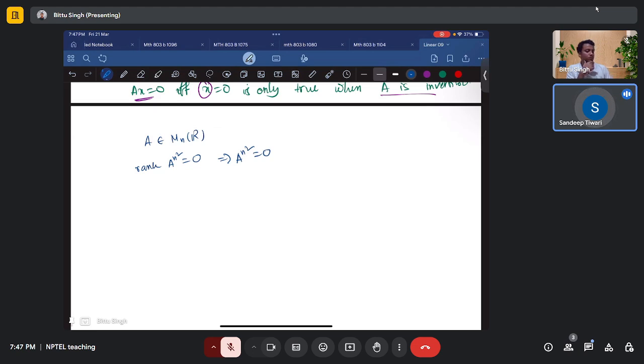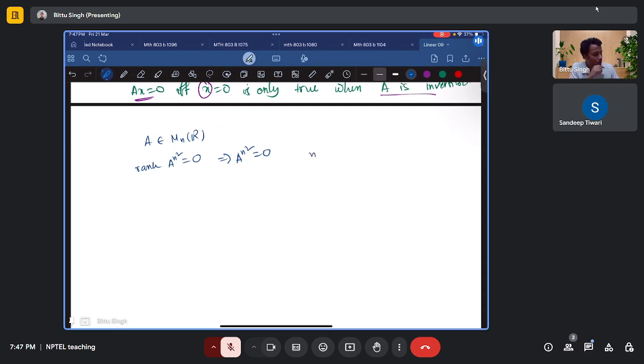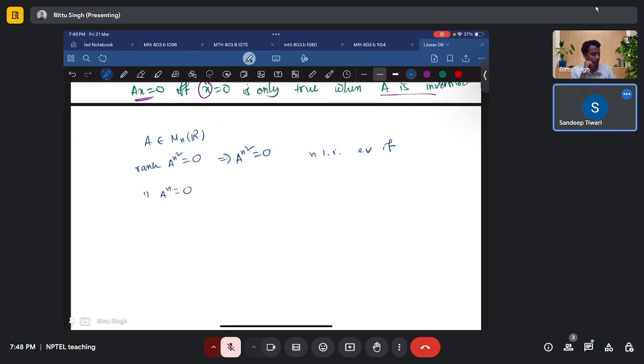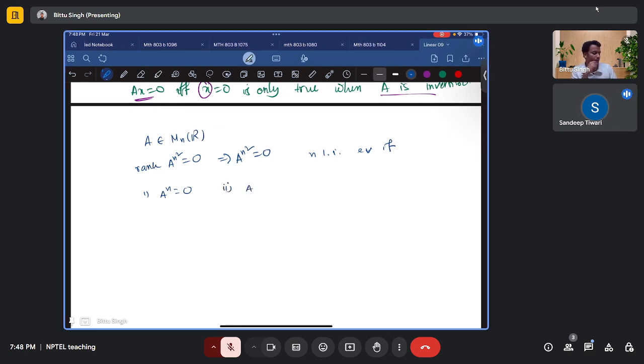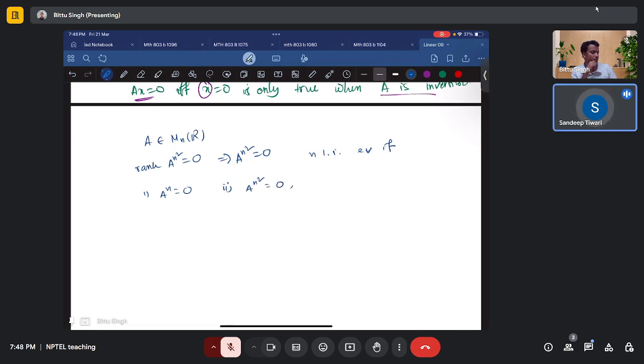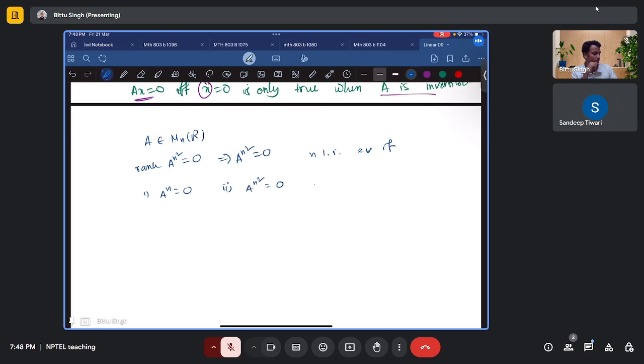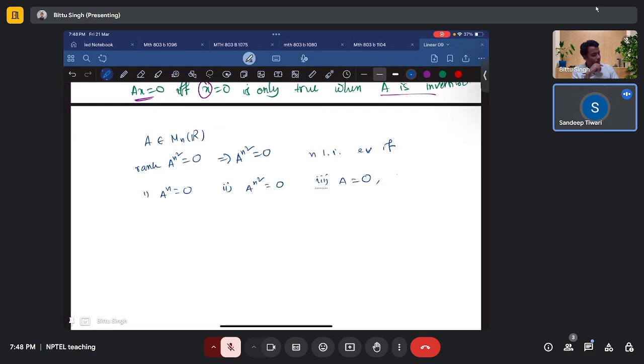The options are: A to the power n is equal to 0, A is equal to 0, A square is 0, and A equal to 0 and A square is 0.